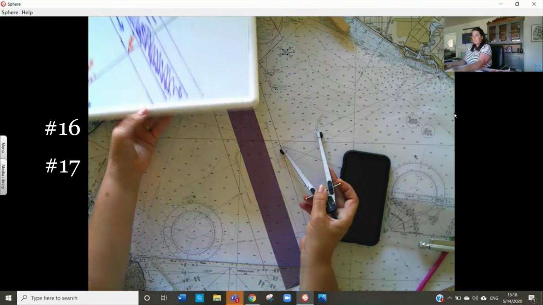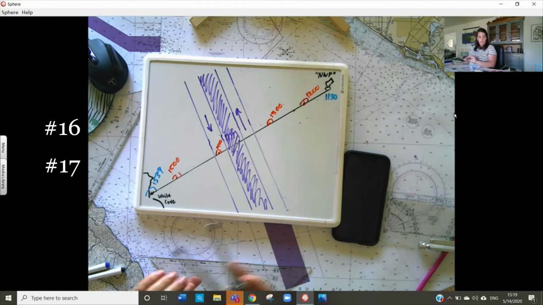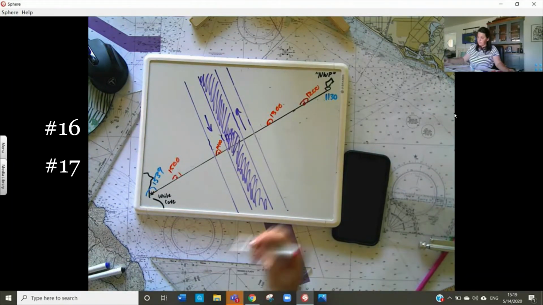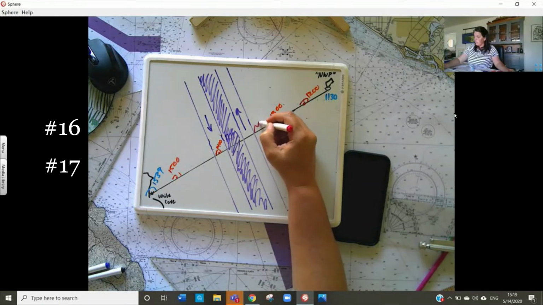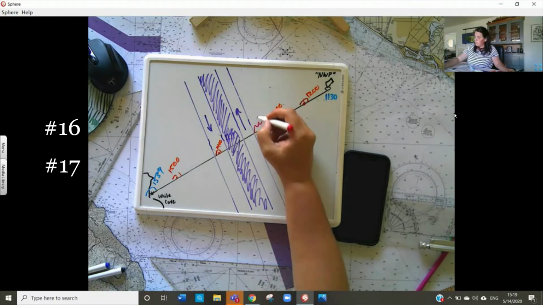So let's do that. I'll do it on the whiteboard, make it a little simpler for us. So our distance between our 1300 and entering the traffic lane is 2.9 nautical miles.